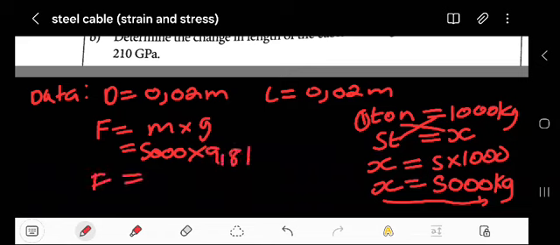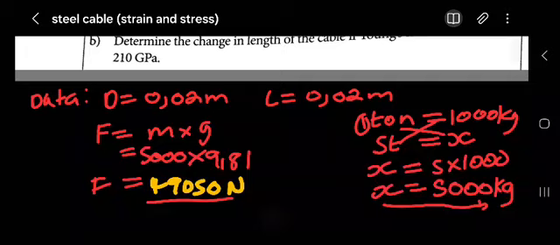Now it will become Newton. 5000 times 9.81 simply equals 49050. It's Newton now. Okay, we have the force so far in our data. We are done with our data actually.